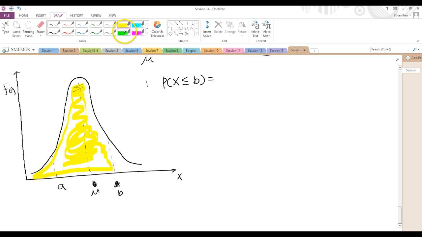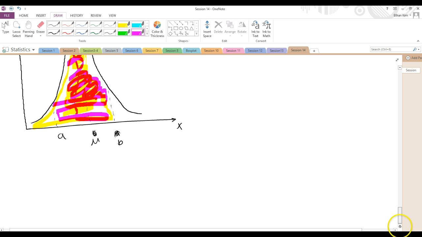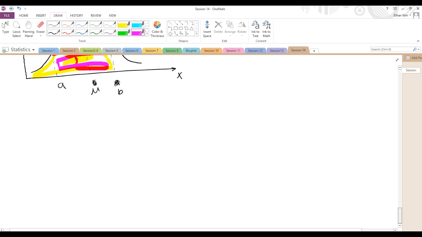And if we're looking at A and B, between these two values, then we're going to look at the area under this curve. That's pretty much the idea behind it, and there is a way to do this, so let's talk about it now.